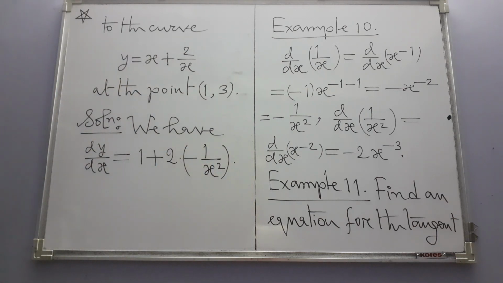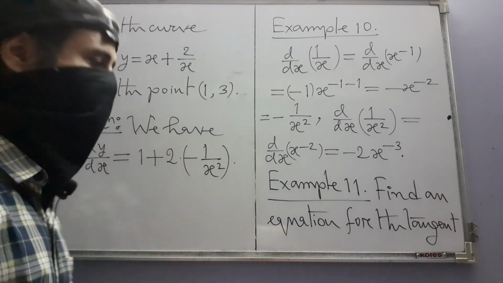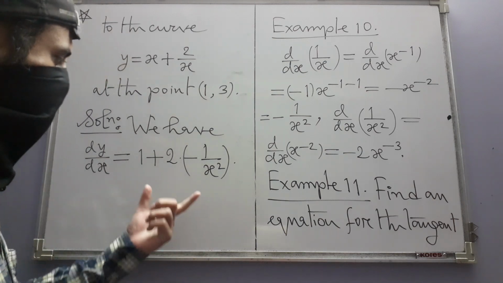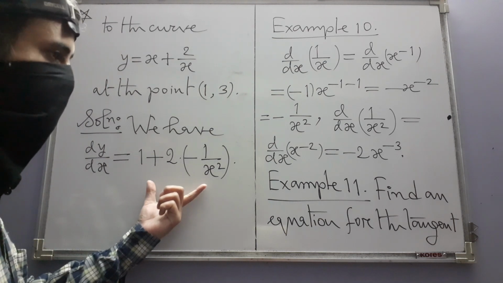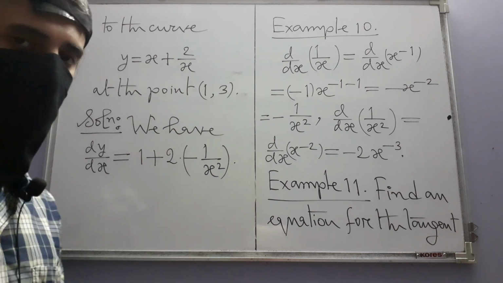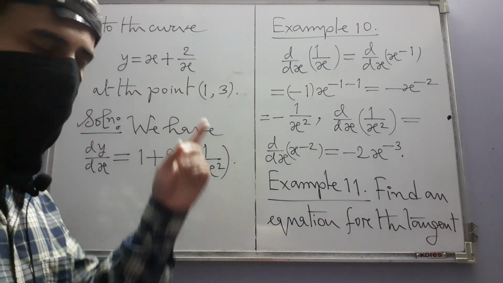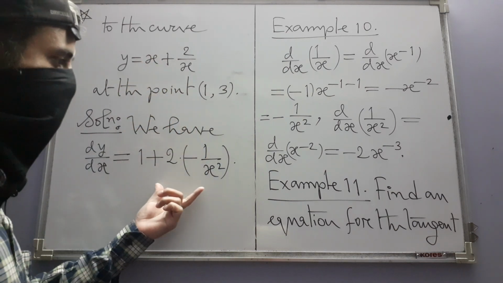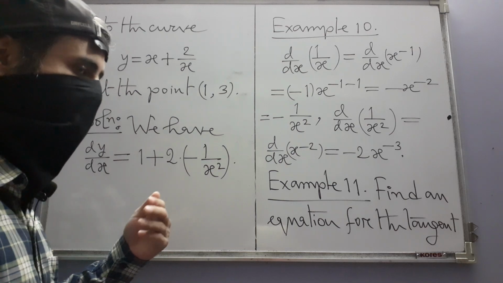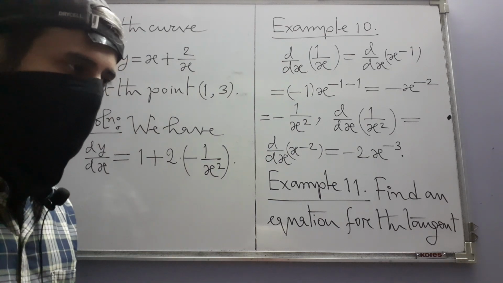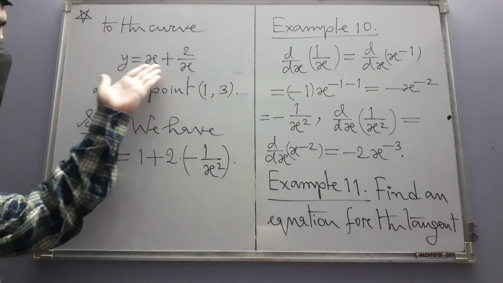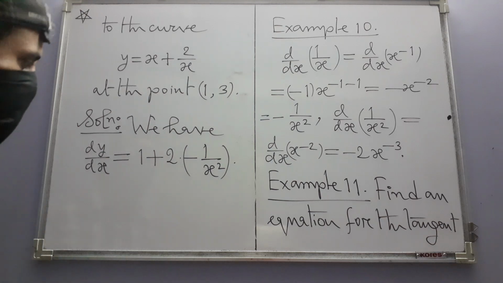So we know what this means geometrically. Geometrically, this is the slope of the tangent to the given curve at the point whose x coordinate is x and y coordinate is x plus 2 over x.